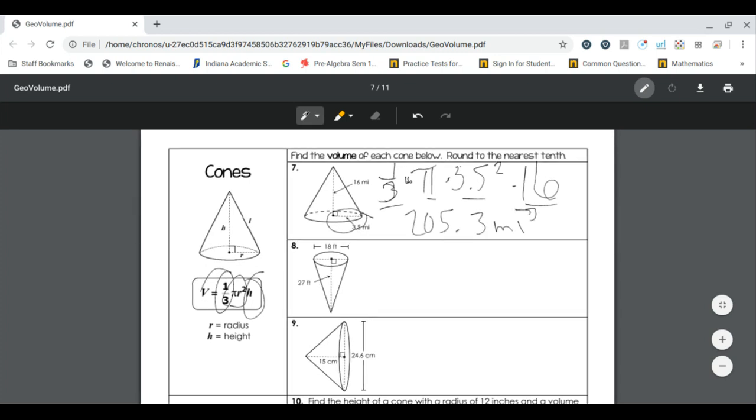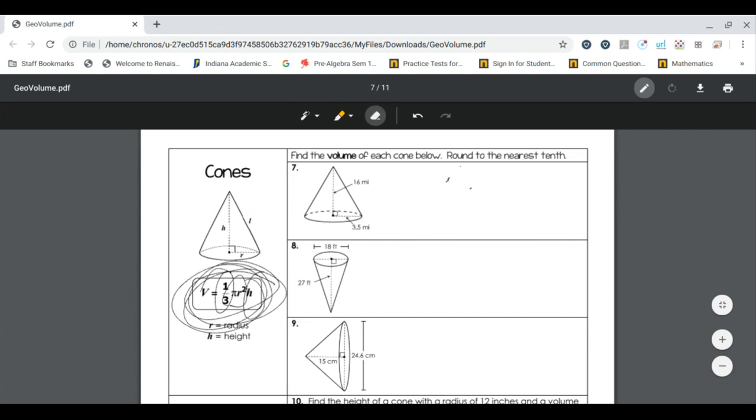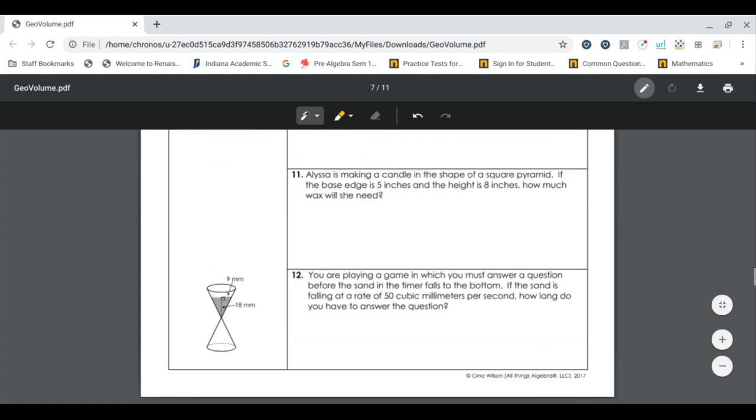Oops, my 3s are just not looking so good today. So you can do this. You're just working this formula right here. Now look at number 8, it gives you a diameter. So then we have to go to the radius, which is 9. So don't forget those little things. Those things we can fix, right? Good job, guys. Okay, one more.